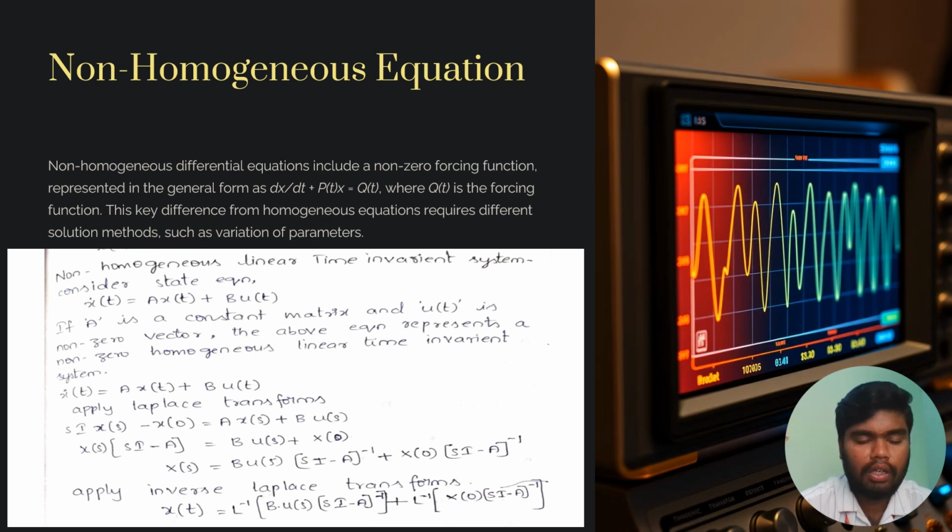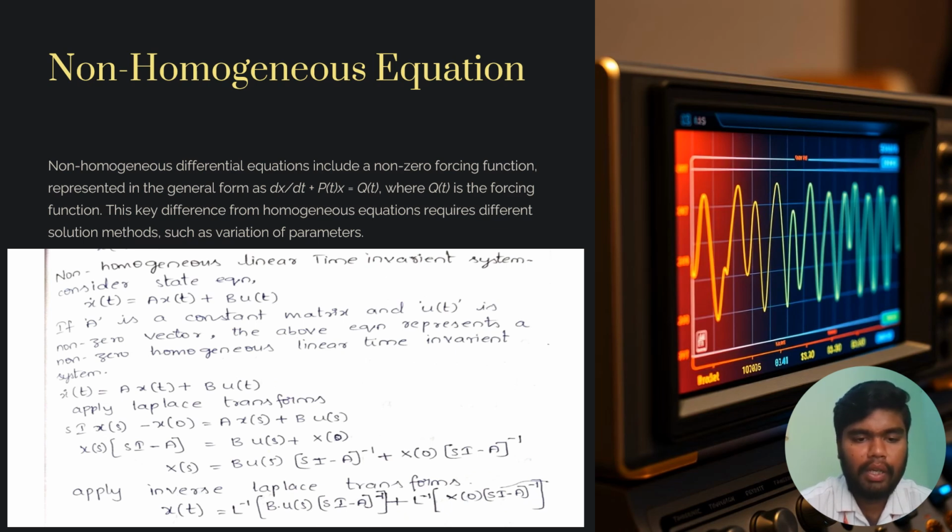Now we are taking common X of s, then it becomes X of s into (sI minus A) is equal to B into U of s plus x of 0. So the (sI minus A) is sent to the right side of the equation. Then it becomes X of s is equal to B into U of s into (sI minus A) inverse plus x of 0 into (sI minus A) inverse.